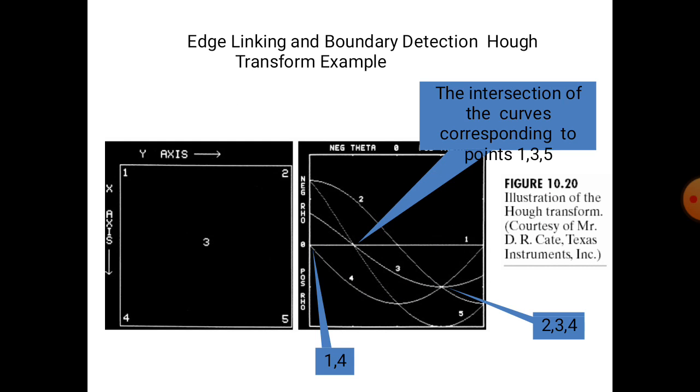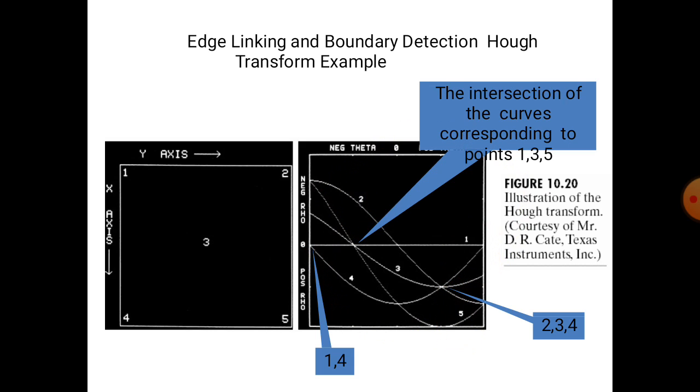The points labeled A and B in this figure show the collinearity detection property of the Hough transform. Here point A denotes the intersection of the curves corresponding to points 1, 3 and 5 in the XY image plane.